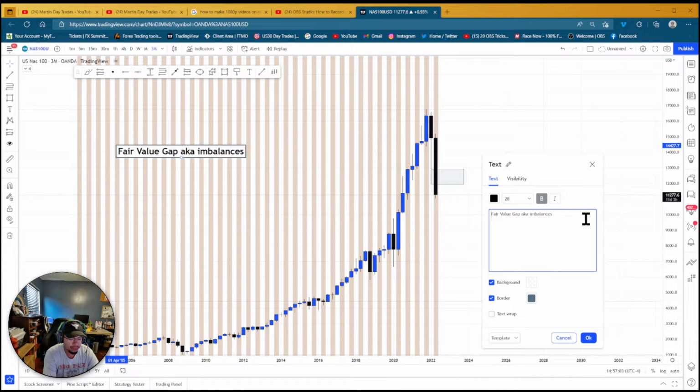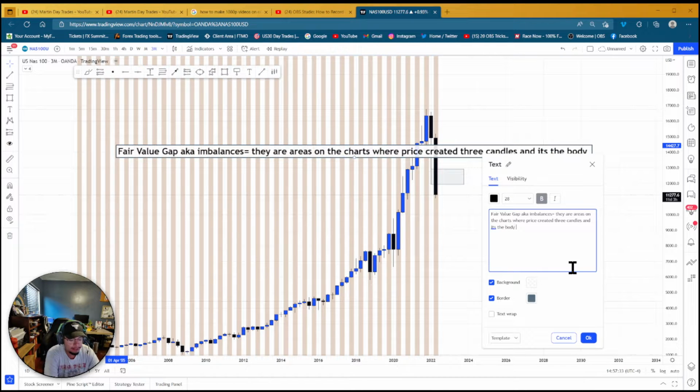So what they are is they are areas on the charts where price created an imbalance, where price created 3 candles. Okay, guys, that didn't even make sense. So we're still on the charts where price created 3 candles, and it's the body portion of the middle candle.